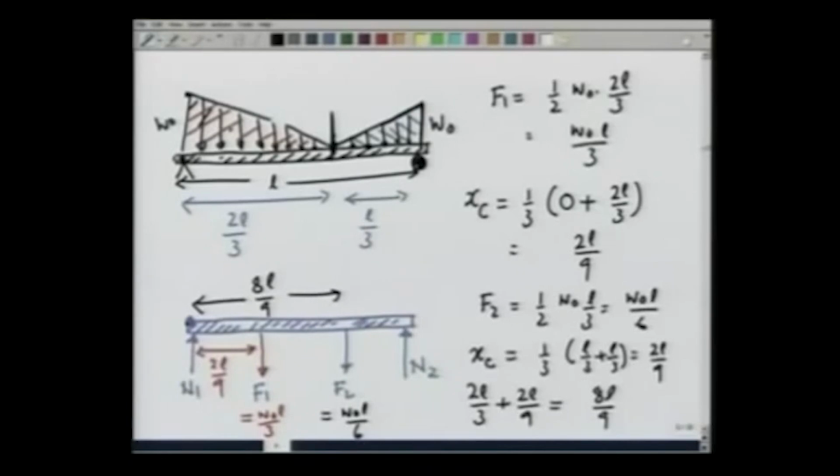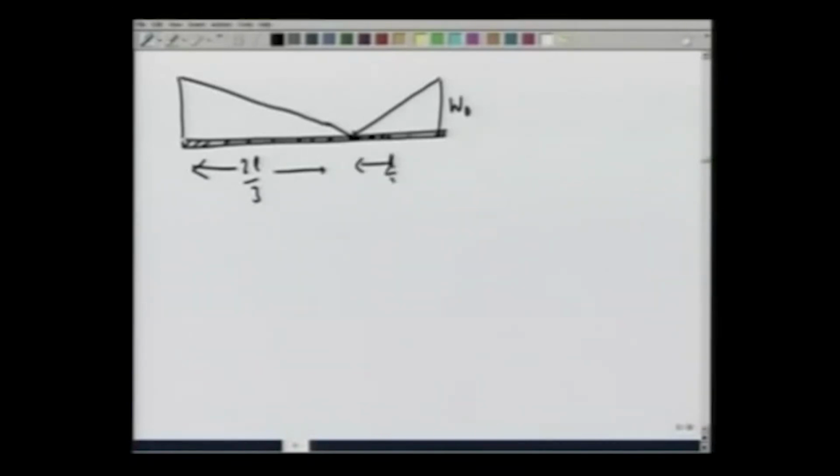We are now ready to solve the problem. What we have done effectively is took this beam, which is loaded like this, with this being W0, this distance being 2L by 3, this distance being L by 3.